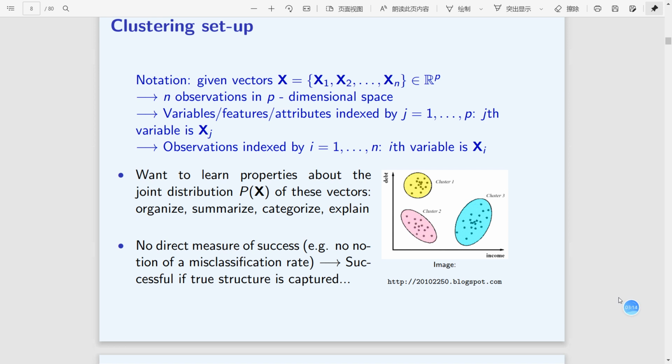Unlike classification, we have no penalty, no way to calculate misclassification. Therefore, we need to use clustering to group them together.